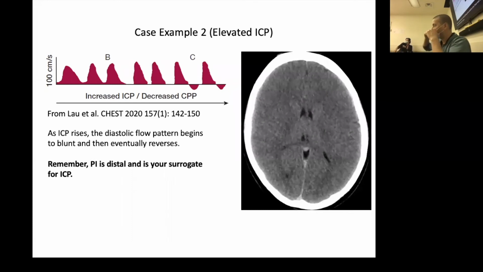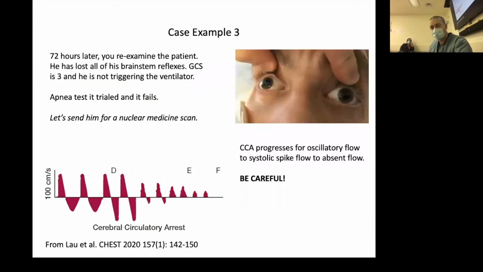So often these people have ICPs in the 60s, 70s, and 80s, and from seeing those waveforms, you probably can't intervene because it's an anoxic encephalopathy. You're most certainly going to progress to brain death. So I use it as a trigger to say, okay, this person is probably going to progress to brain death shortly.